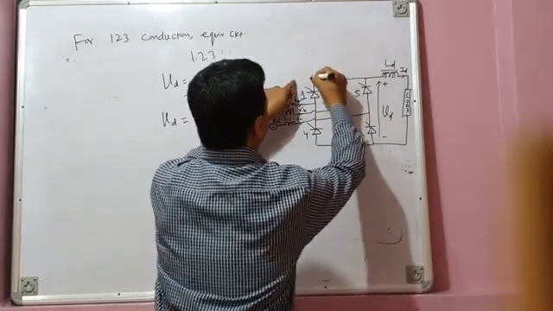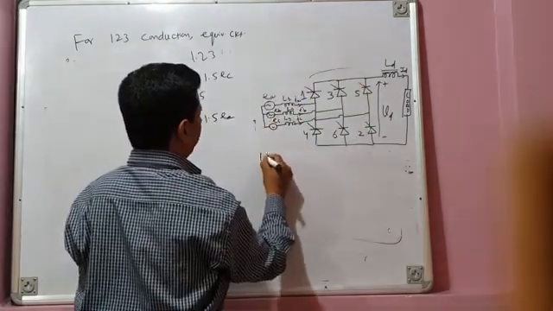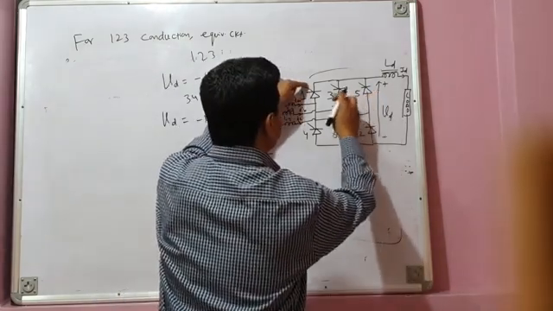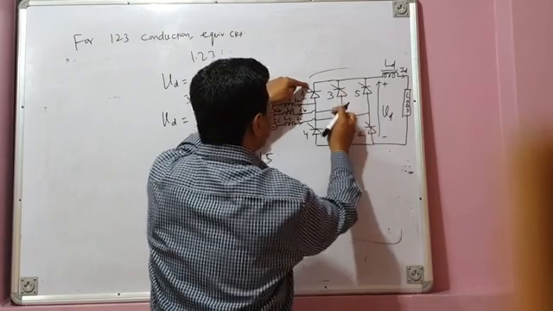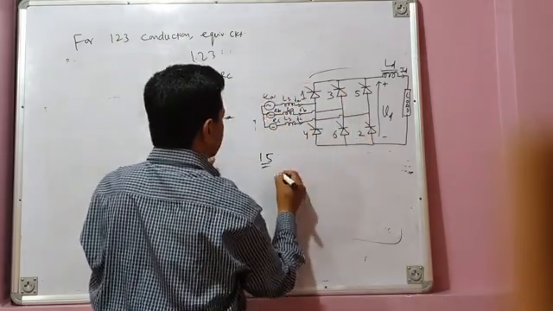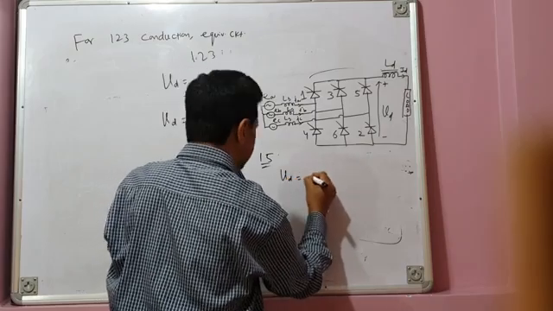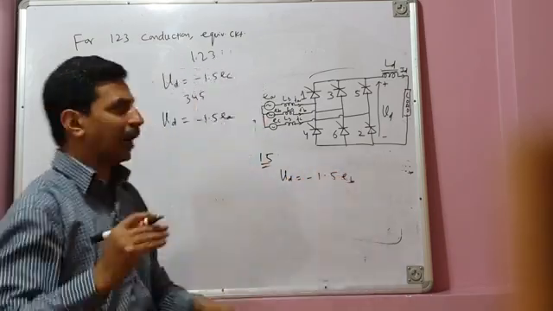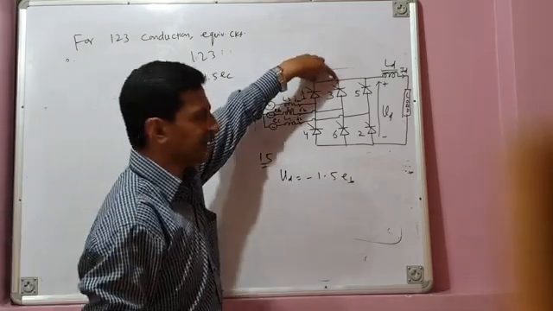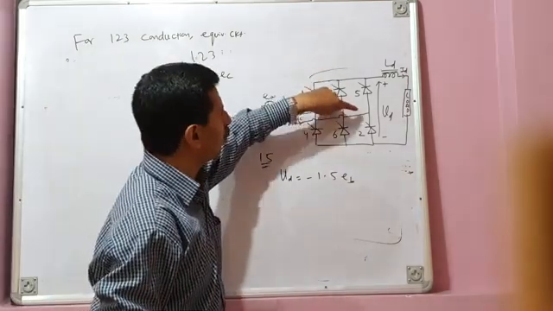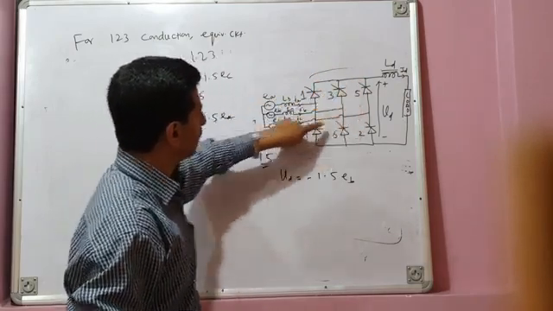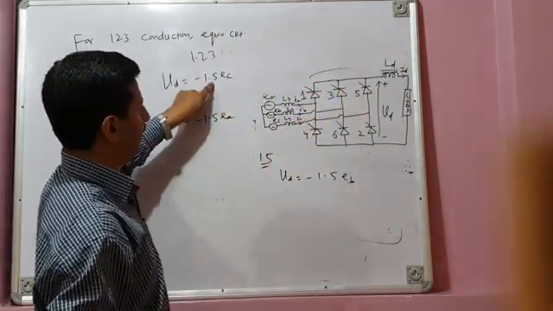Similarly, if 1 and 5 are conducting together, what is your load voltage? Which valve is not conducting? 3 is not conducting, and 3 is connected to EB. So your load voltage at that time you can blindly say is minus 1.5 times EB. I repeat: when 1 and 3 are conducting, your load voltage is always minus 1.5 times the voltage of the third phase, minus 1.5 EC.